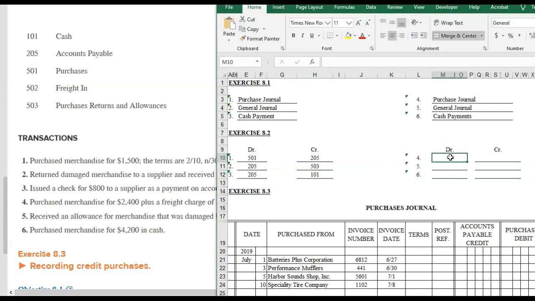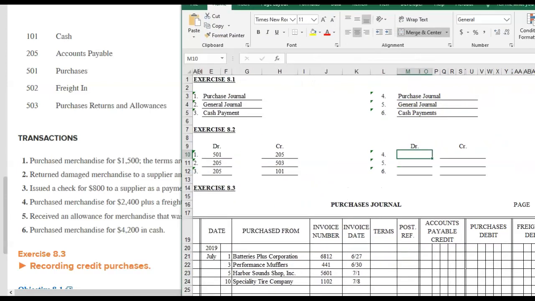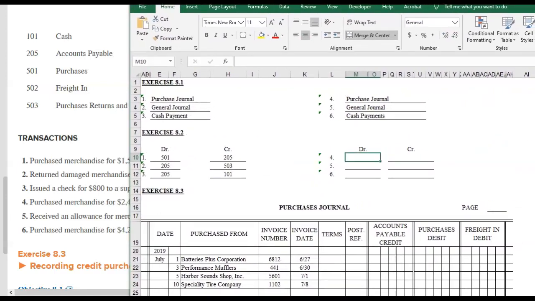Number 4, purchase merchandise for $2,400 plus a freight charge of $260. So we have the purchases, 501, and the freight, 502, as the debits. And then the money we owe in 30 days is the credit, which is the liability, accounts payable.